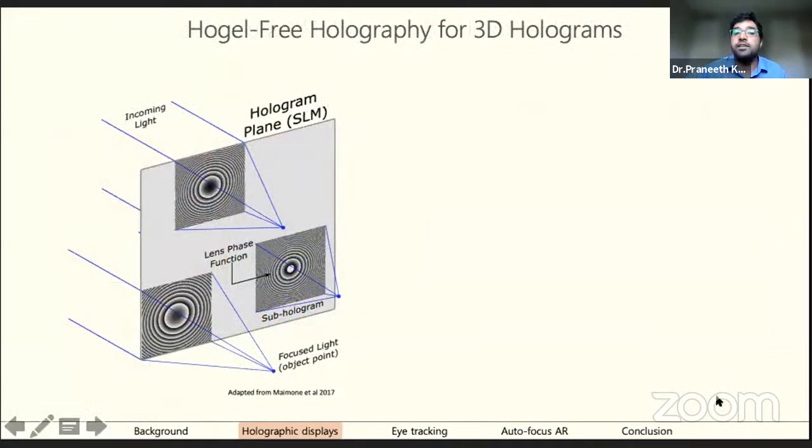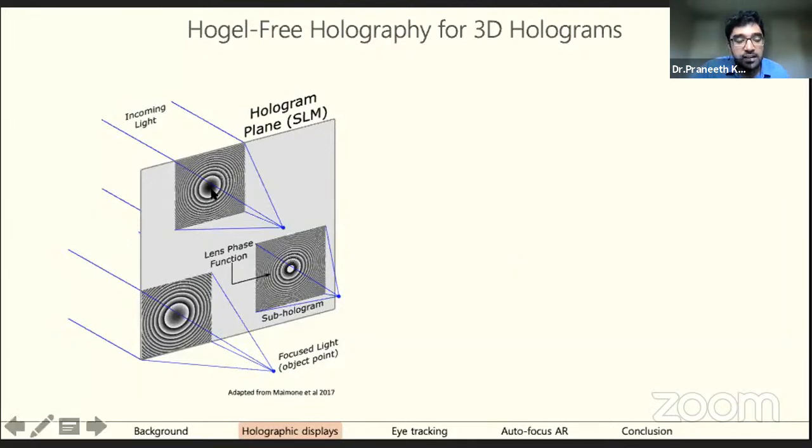And holographic displays can also generate 3D imagery, which is not trivially possible with the existing AR or VR displays, which are completely LCD or LED based. And the way these displays work for generating 3D objects is that typically a hologram is divided into several smaller sub holograms.